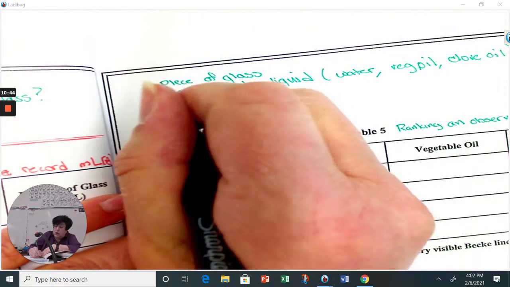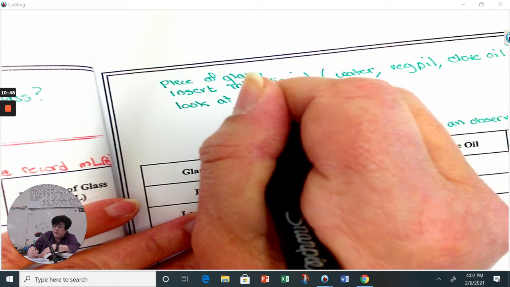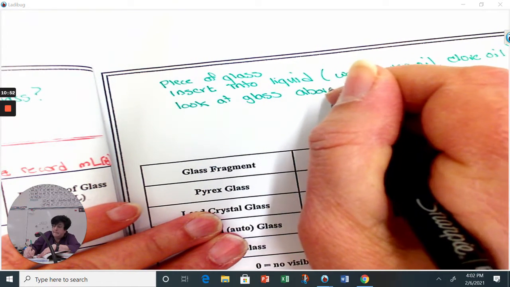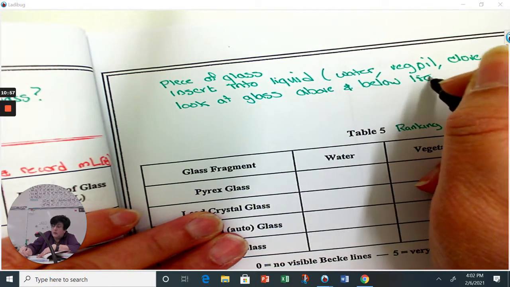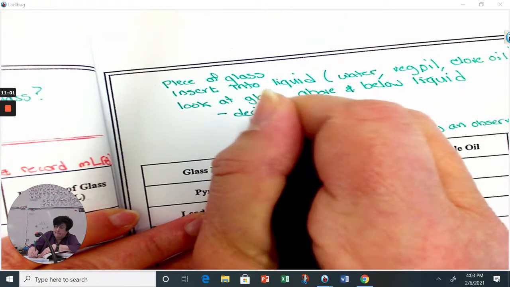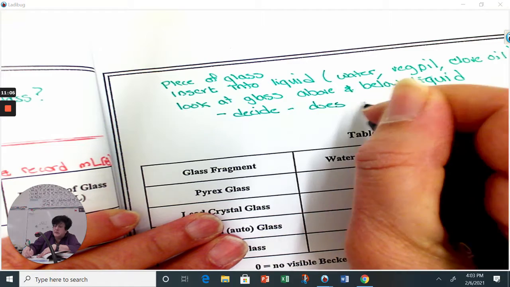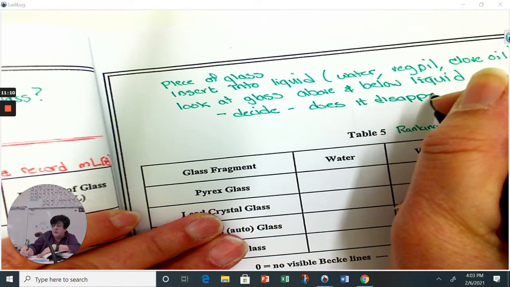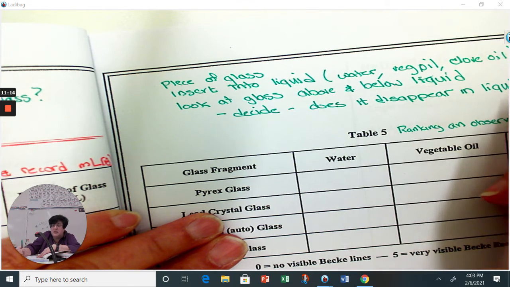Then I'm going to look at the glass above and below the liquid. And you have to decide, does it disappear? Like the lines of the glass, can you see them? You can't see the edges.